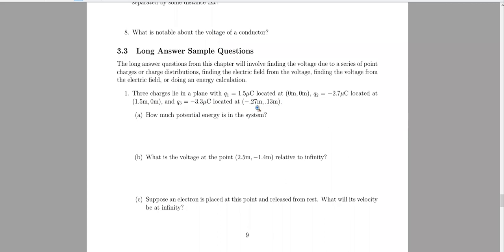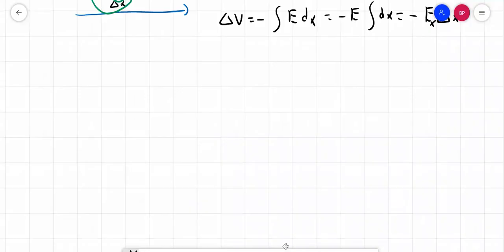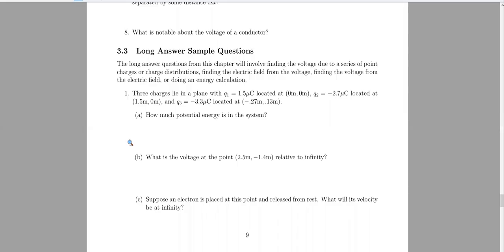So the first thing that we should do is draw our coordinate system and draw where all the charges are. We said there's one at the origin, that's Q1. There's one along the x-axis, that was Q2. There's one that's up here somewhere, and that's Q3.